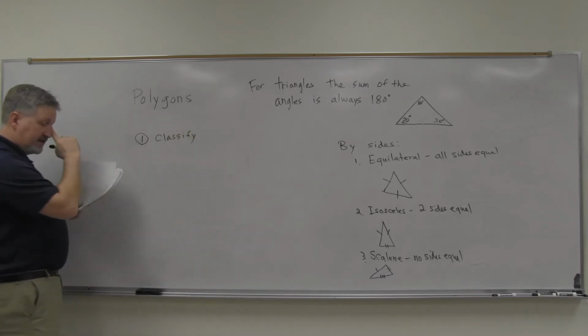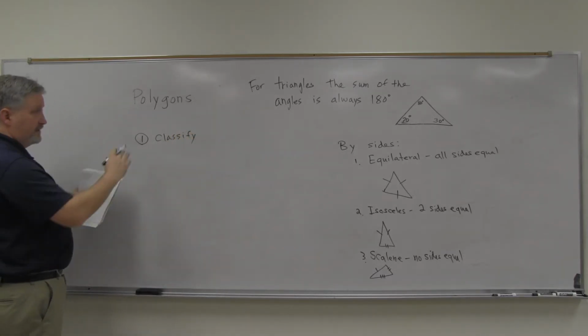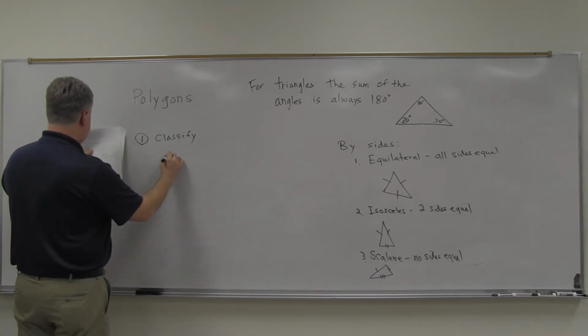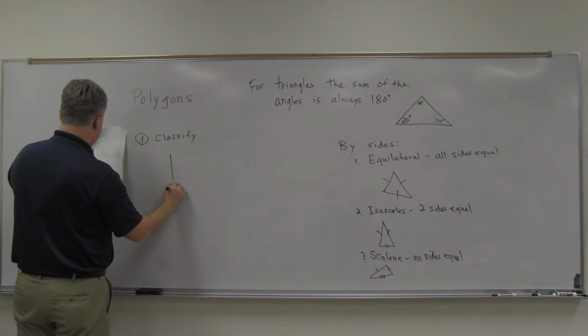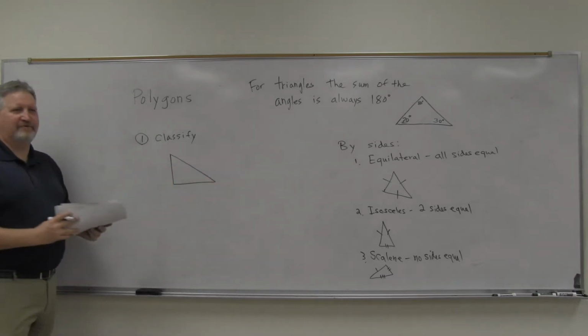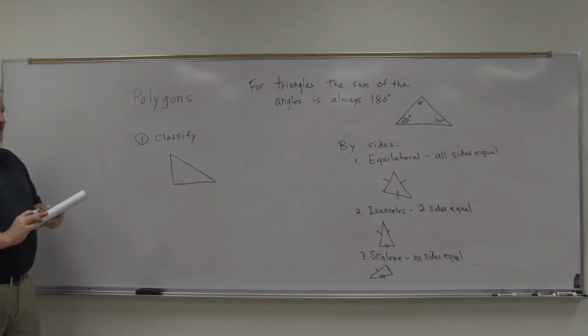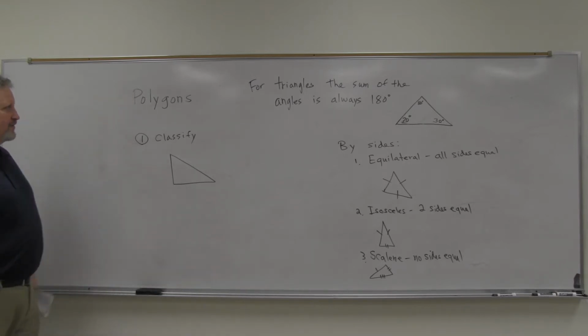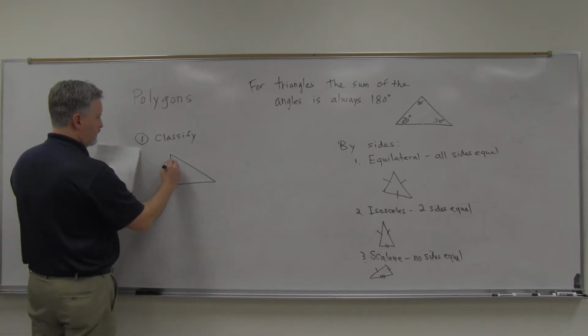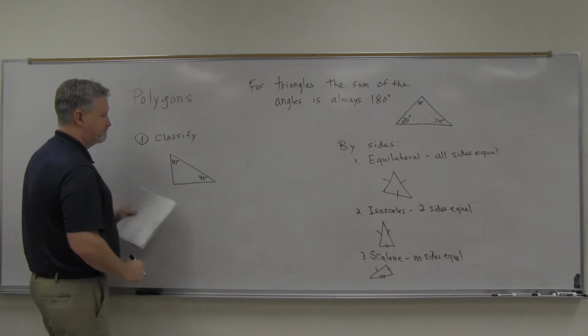So let's classify these triangles here by both classifications. I'm not sure if they actually have you compute any angles here, but like I said, we know that the sum's 180. So let's say this one is 43 degrees here. This one's 46 degrees.